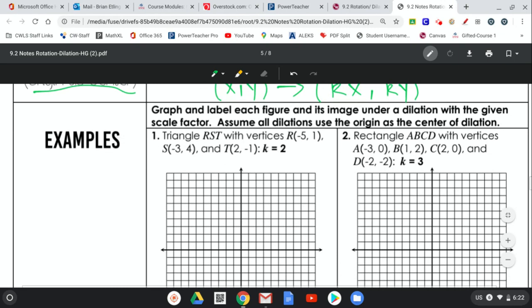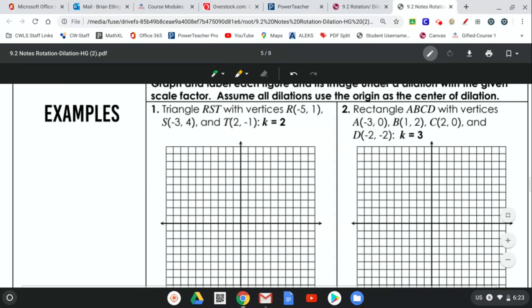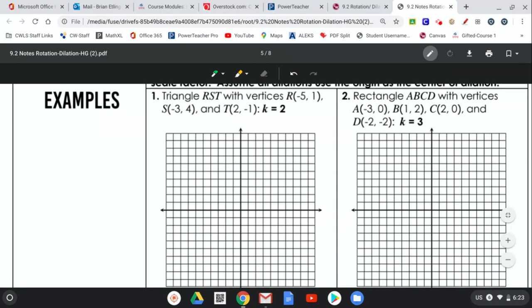But if we just look at our first example here, we have triangle RST and k equals 2. R is at (negative 5, 1). So all we're going to do to find R prime is 2 times negative 5, and that's going to be our x coordinate.